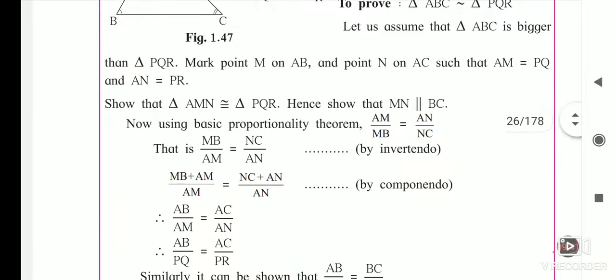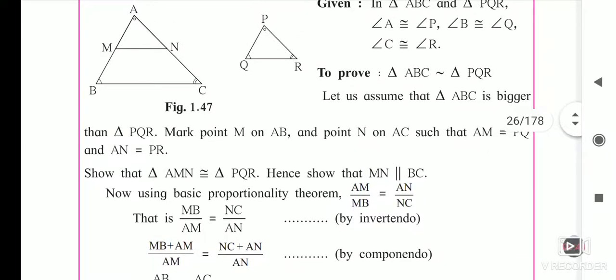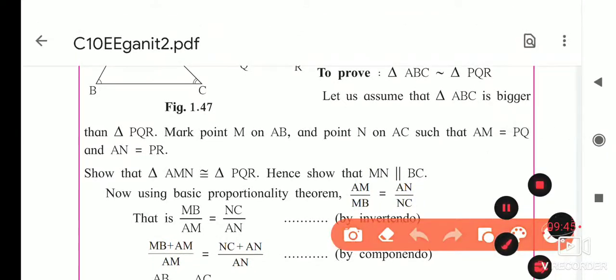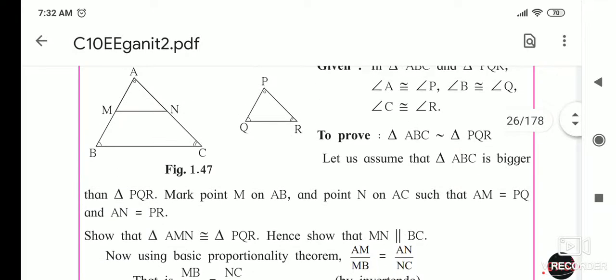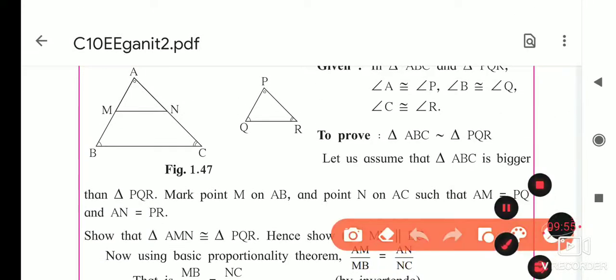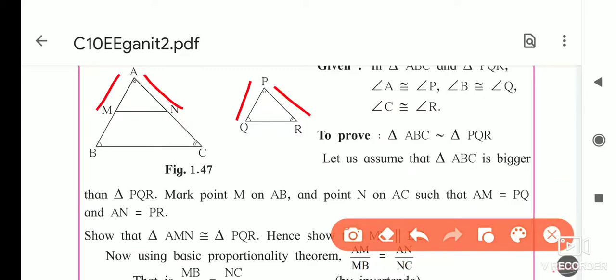We have to mark point M and N such that AM is equal to PQ and AN is equal to PR. In that way we mark these points and join MN.